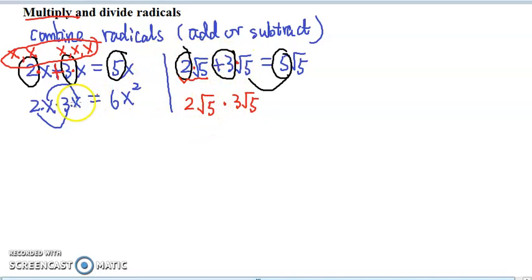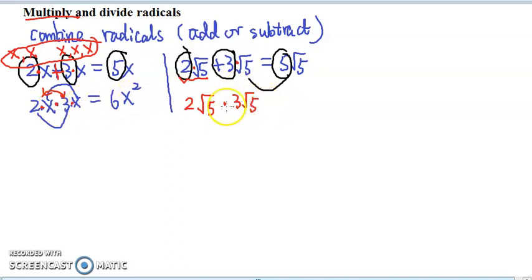But when you do multiplication, notice that we don't have plus. The only operation we have is multiplication. And multiplication has a commutative property, which means we can switch this x and 3, put 2 and 3 together to get a 6, and these two x together to get x squared.